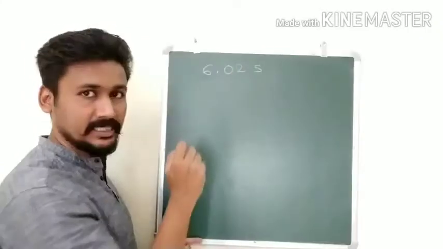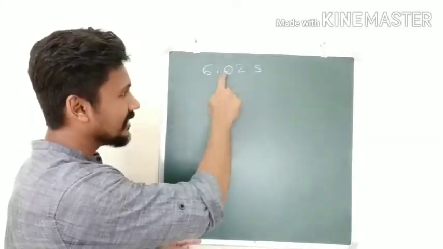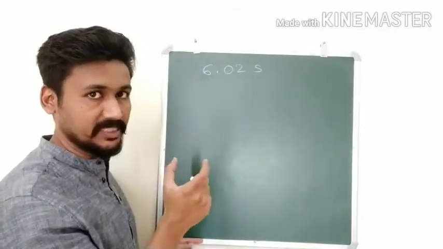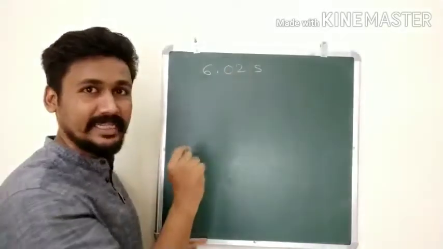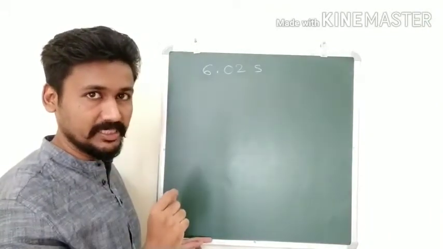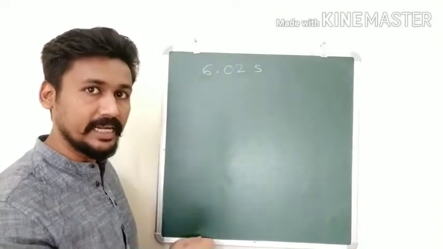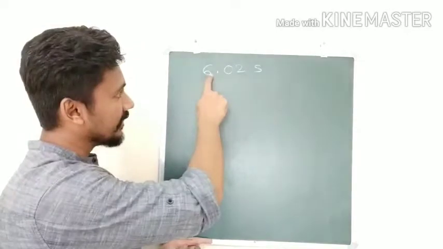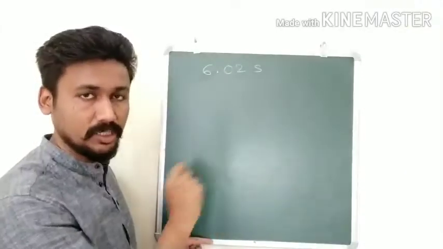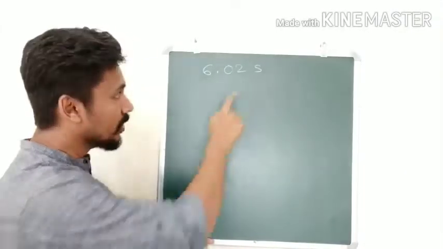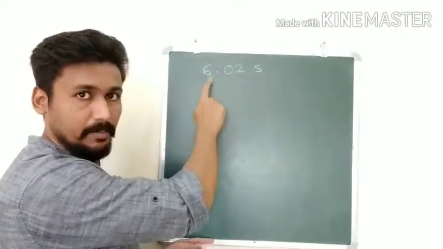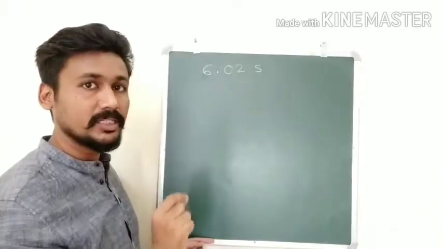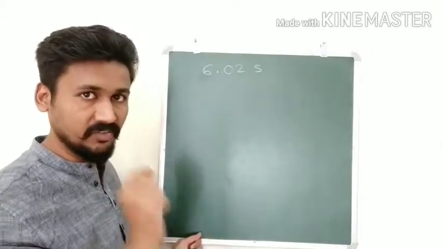Now, what we know is that time interval 6.0, that is a very certain measurement, and this 0.02, this 2, that is an uncertain part of that measurement, because it might happen that in the other measurement we might get the time as 6.05 seconds or 6.03 seconds. So this is called the uncertain part. So the certain digits plus the uncertain digit, that is called the number of significant figures.